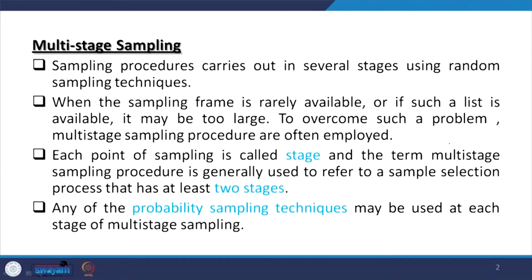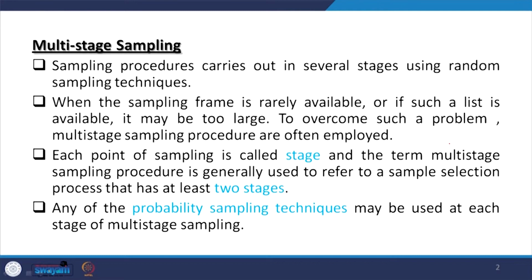Now, sampling procedures are carried out in several stages using random sampling technique. When the sampling frame is rarely available, or if such a list is available, it might be too large. To overcome such a problem, because if it is too large in handling or proceeding through the sampling, it might be very expensive. So, since it is too large, it is always suggested to go for multi-stage sampling procedure, and these are often employed in the present age.